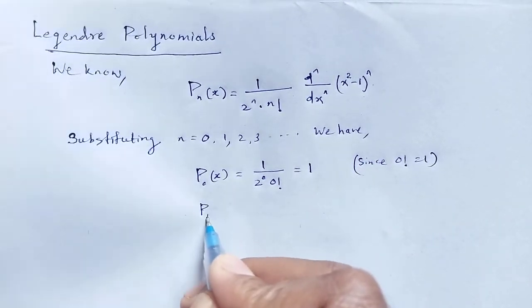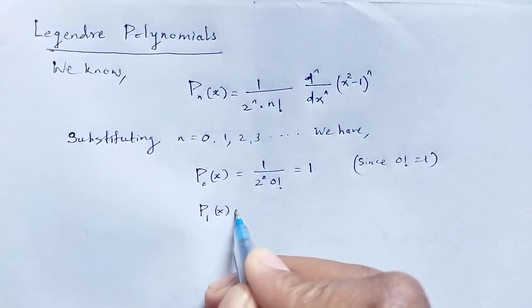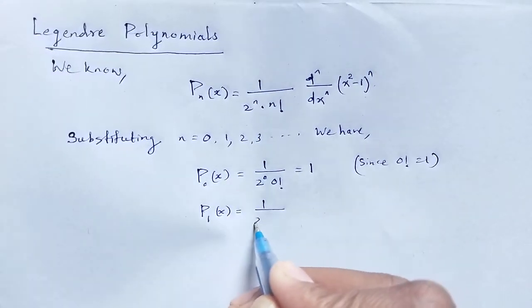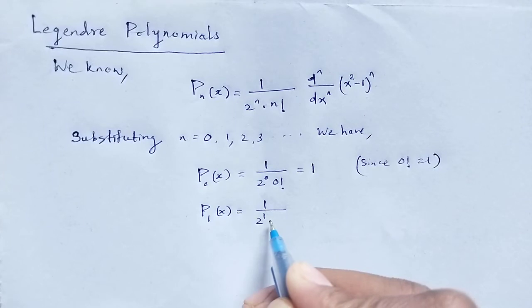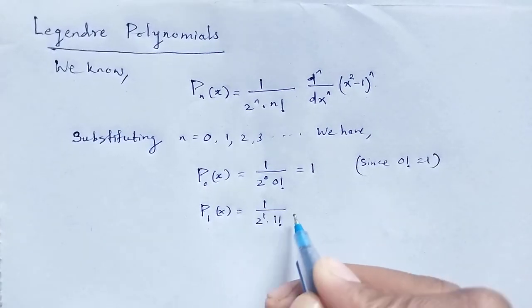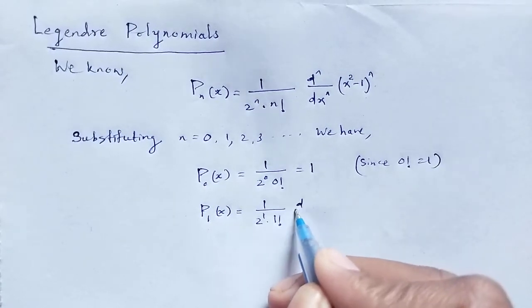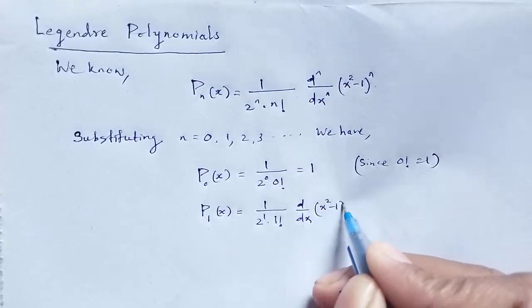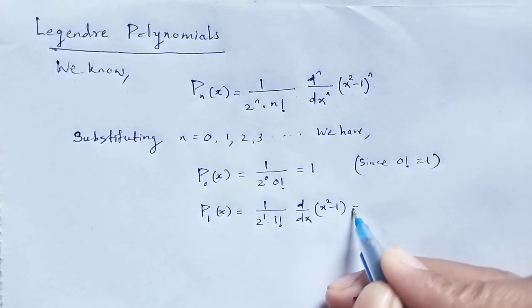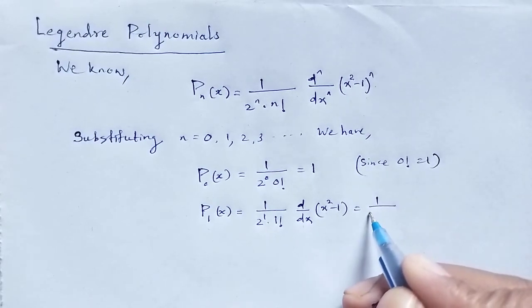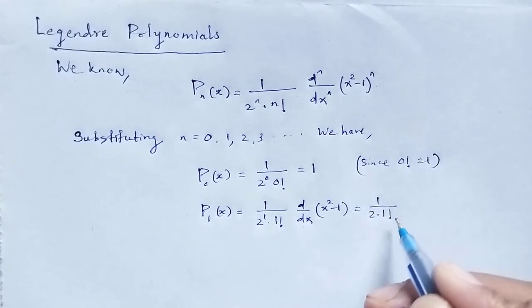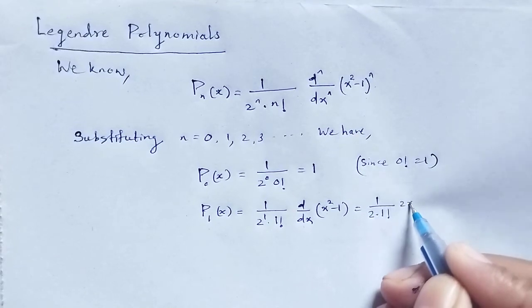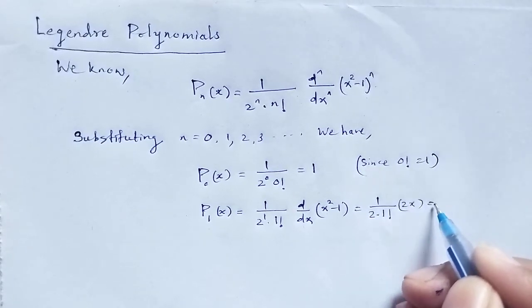Again P1(x) will be 1 by 2^1 into 1 factorial d/dx of (x^2-1), is equal to 1 by 2 into 1 factorial 2x, the 2 cancels out, that value will be x.